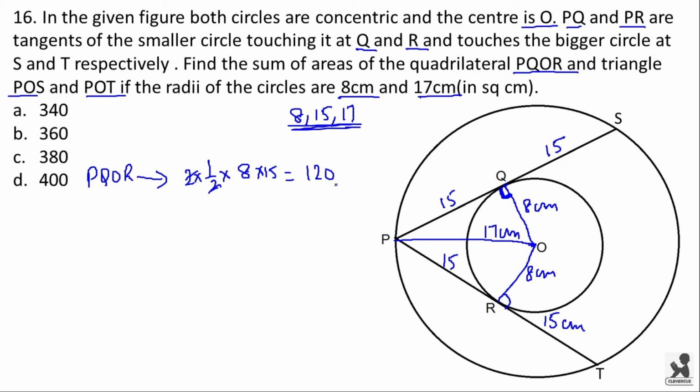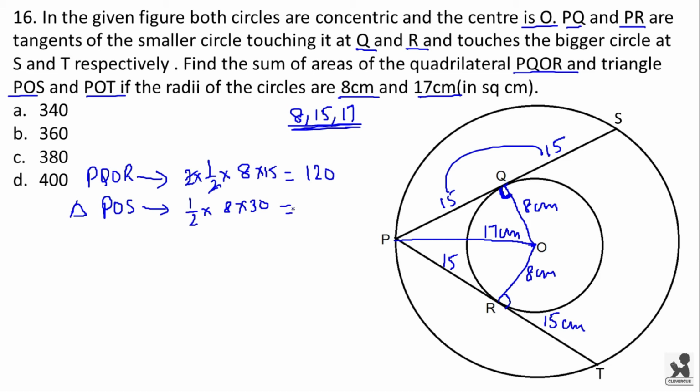Now let us find the area of POS. Triangle POS will be equal to 1 by 2 into 8 into 30. Here 15 plus 15 is the base of the triangle POS.